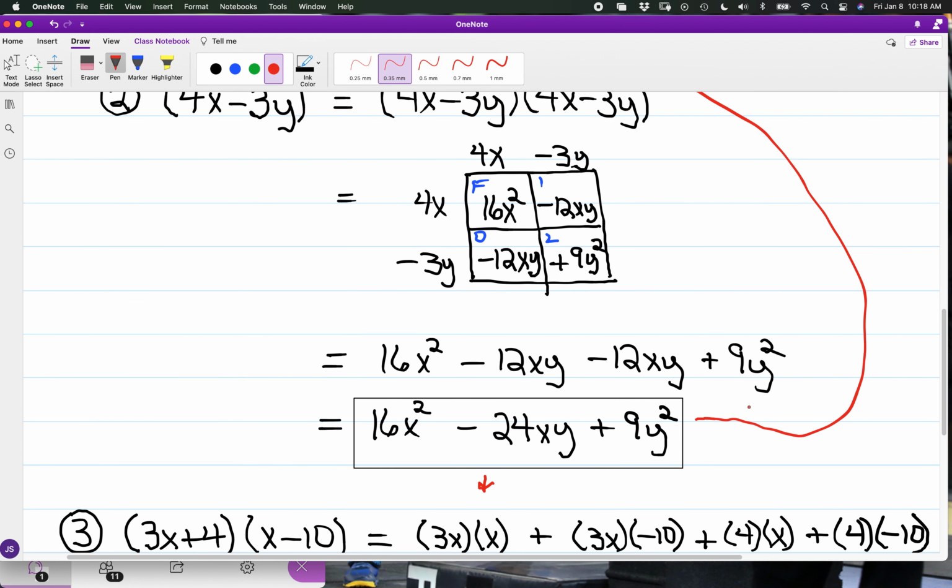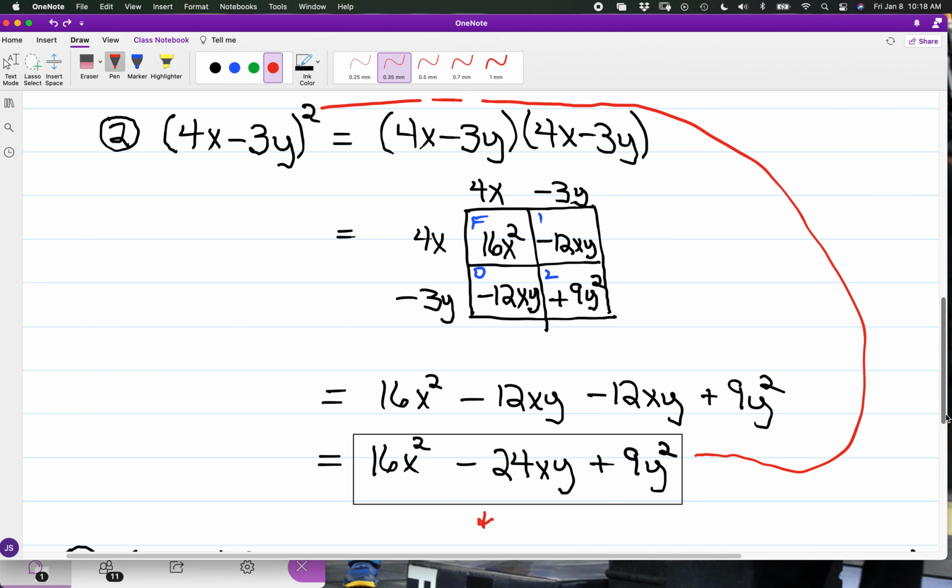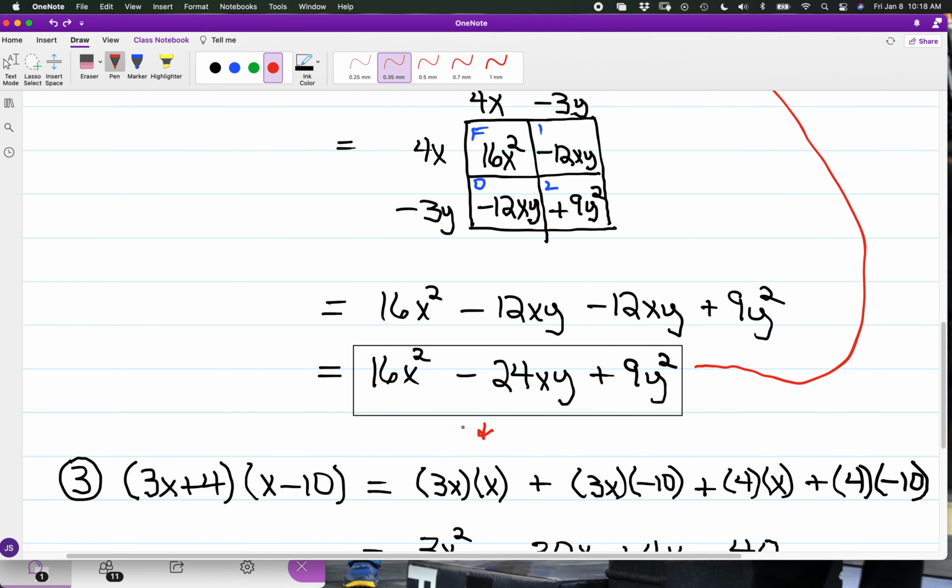And for an expression like 16x squared minus 24xy plus 9y squared, this is what is regarded as a perfect square, and again, it's with the second power. If you have a two-term expression times itself and the output is a trinomial, we have a special category among the trinomials. And this particular output is going to be in the family of what will be referred to as square trinomials.